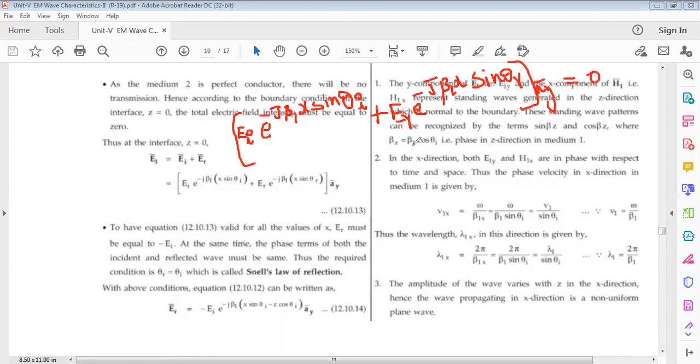Because at z is equal to 0, on the right hand side there is no transmission. So substitute ER is equal to minus EI. ER is equal to minus EI.